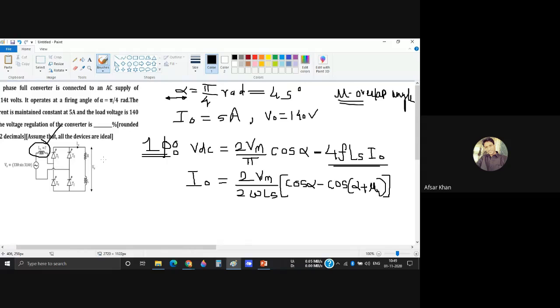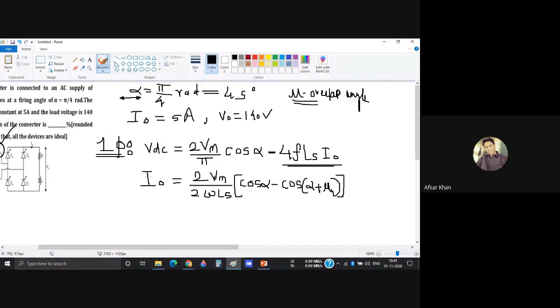Do you remember this, students? Now see, this is for your single phase full wave rectifier. Now, if I use a half wave rectifier, this formula will change. What is this 4?